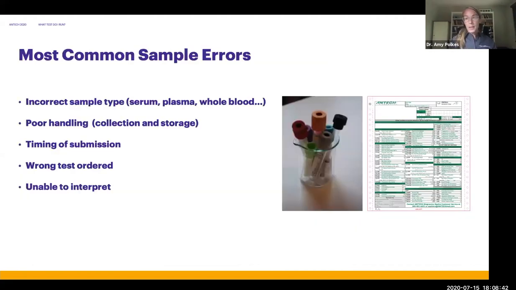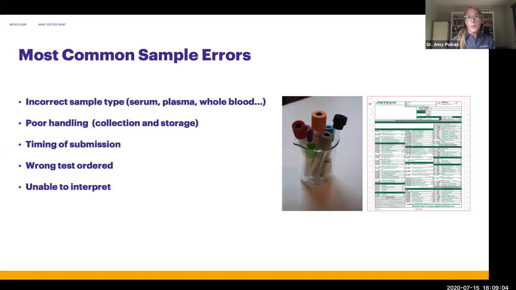So at Antech, one of the things that I wanted to highlight here is some of the most common sample errors. These can be frustrating for the veterinarian, for the people in the lab, for the owner, et cetera. So we really try to limit the number of errors that we have.